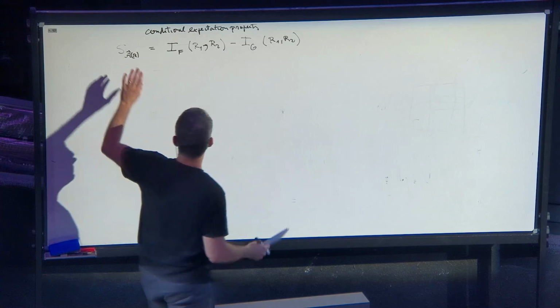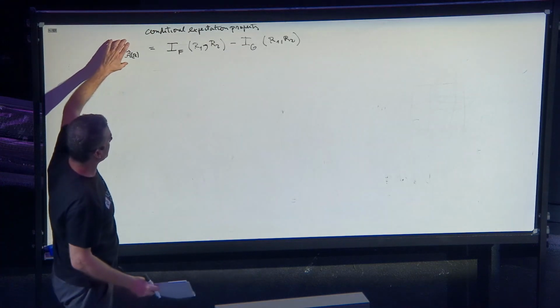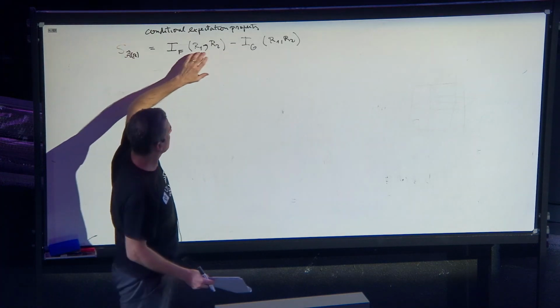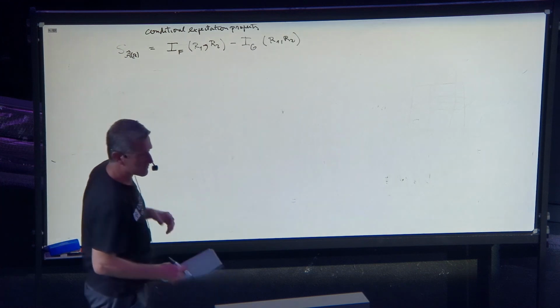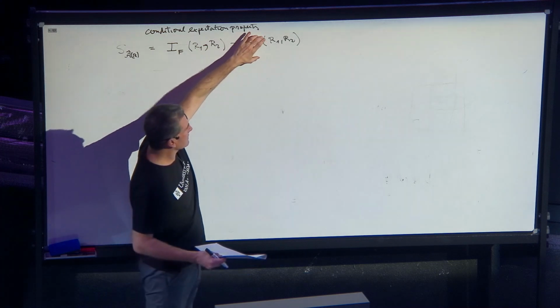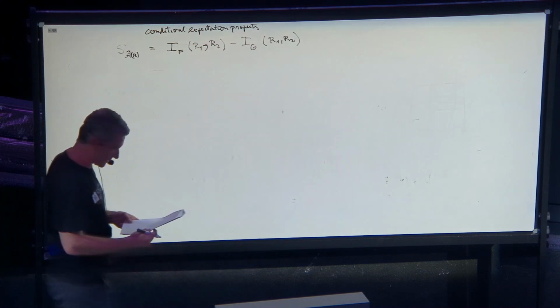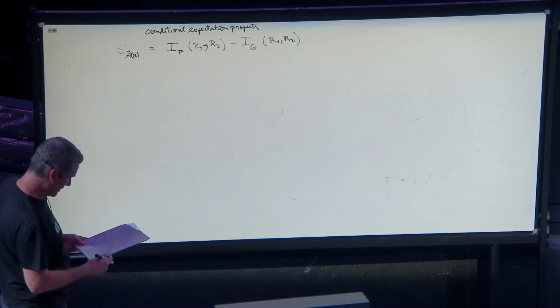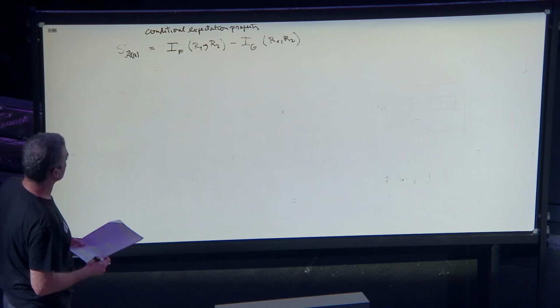So in this particular case, this order parameter is just a difference between mutual informations in 2 different theories. This is the one that completes this thing with local charges.